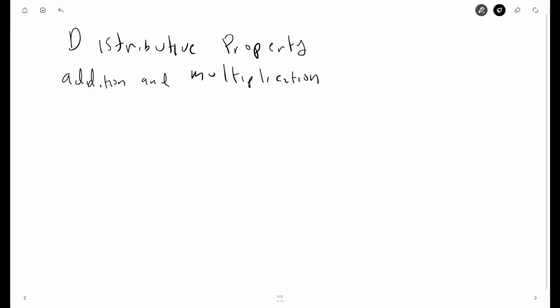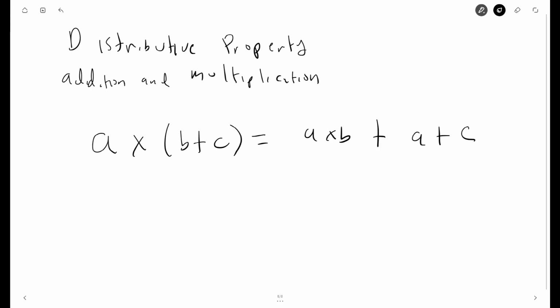It involves both things. It says that a times (b plus c) is equal to a times b plus a times c. So basically you're distributing.